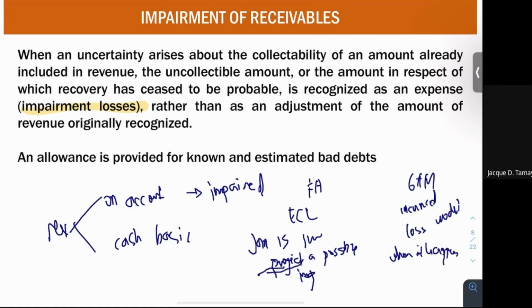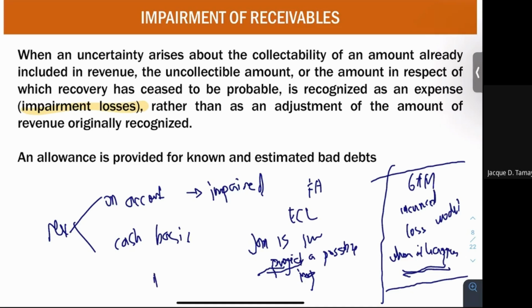Here, you project. Here, when it happens. And GAM uses this. Before, in your financial accounting, when we still used PAS 39, we used your incurred loss. However, when PFRS 9 was presented, what we make use of already is your ECL.